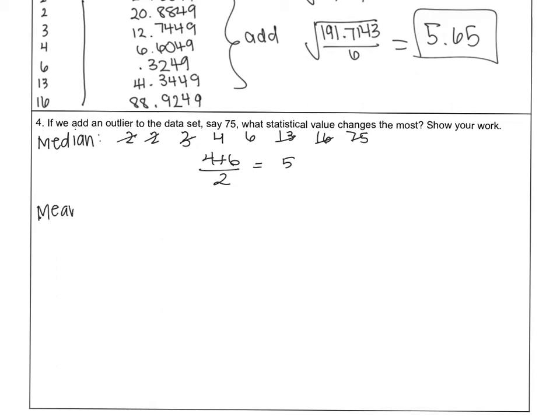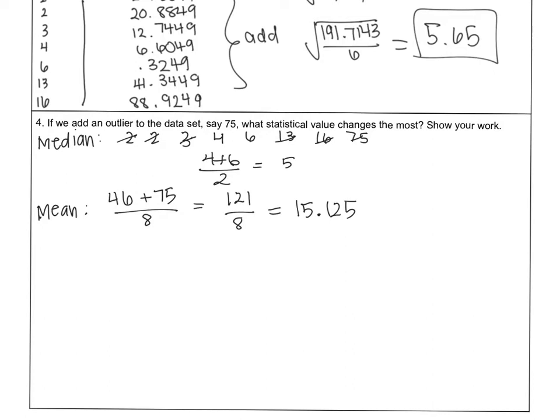Now let's take a look at the mean. So basically what's going to change is instead of having 46 over 7, we want to take our sum 46, we want to add the 75 to it, and then instead of dividing by 7, we're now going to divide by 8 since we now have 8 numbers. 46 plus 75 is going to give us 121 all over 8, which is then going to become 15.125.